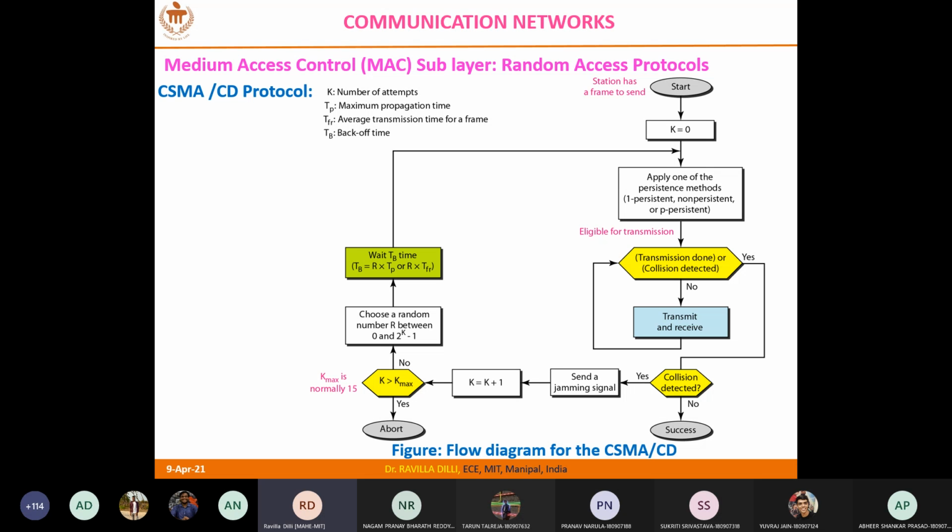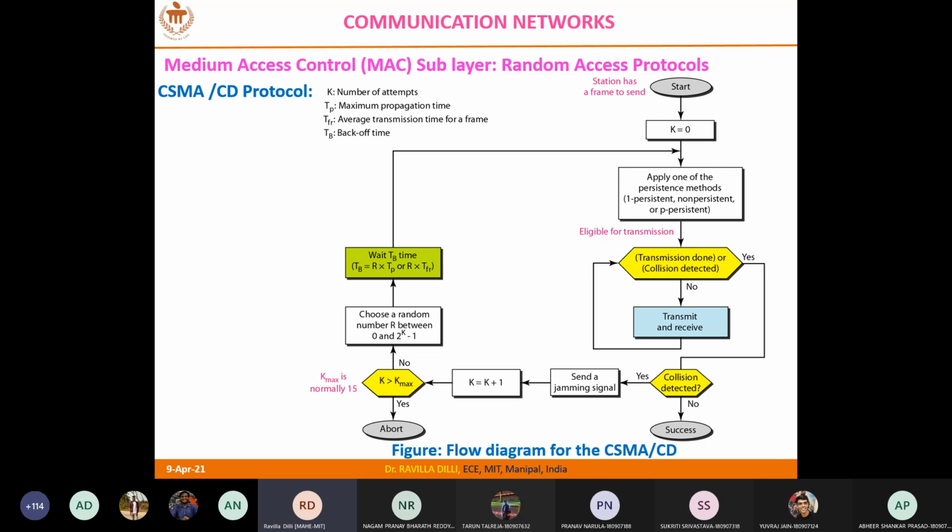In the flowchart, the left side is already discussed under pure Aloha in the last lecture. It's common to all the random access protocols that whenever you get a failure, before going for the next attempt, you make sure that the number of attempts is at most 15. It should not cross 15.